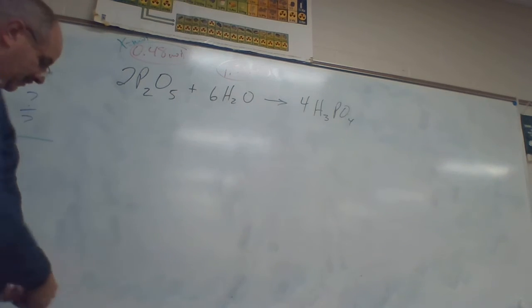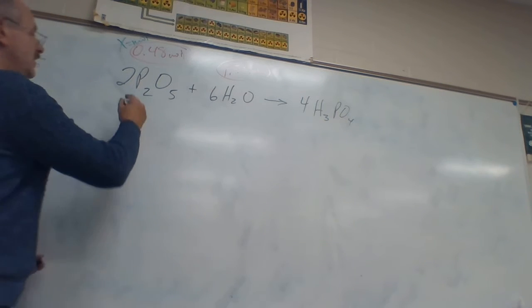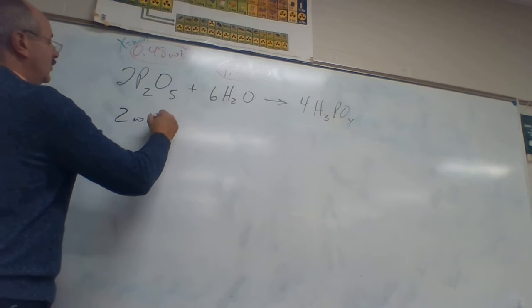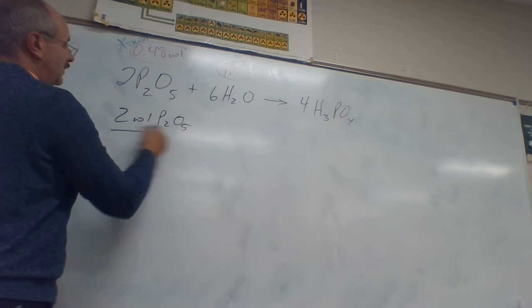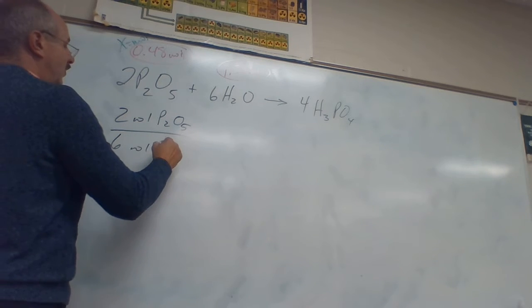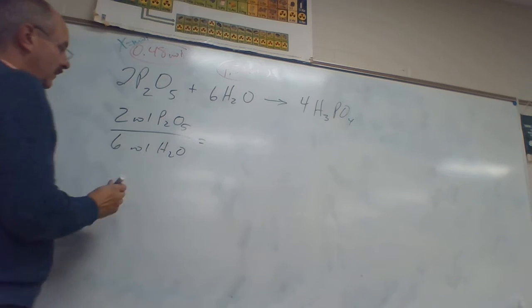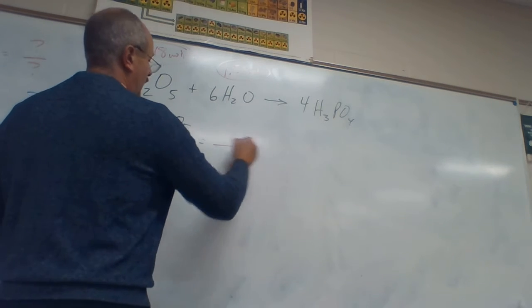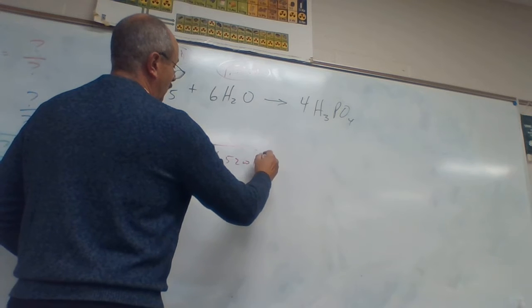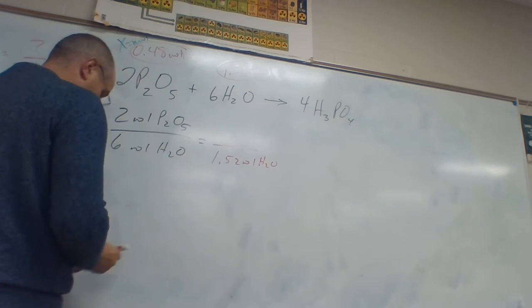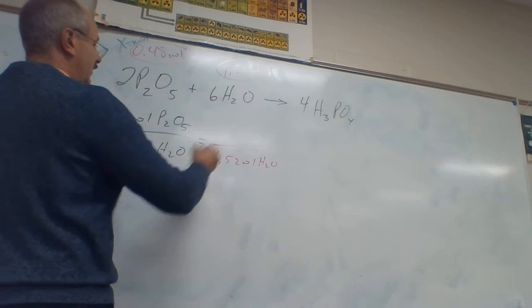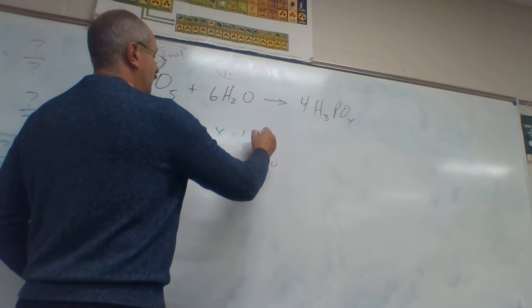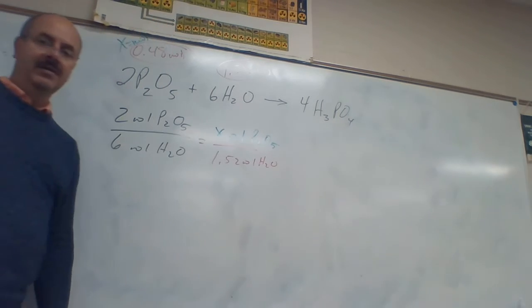But we've got to use our ratio from the balanced equation, that 2 moles of P2O5 will combine with 6 moles of water. And then we go, well, I don't have 6 moles of water, I actually have 1.52 moles of water, and I want to find out X moles of P2O5 that's going to combine with.